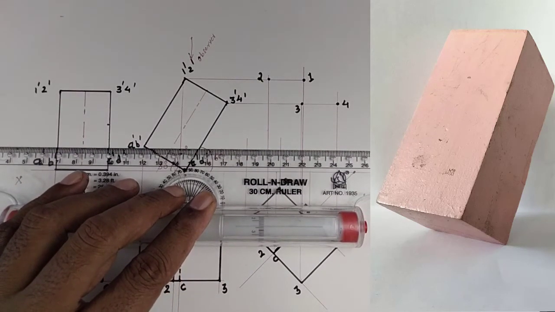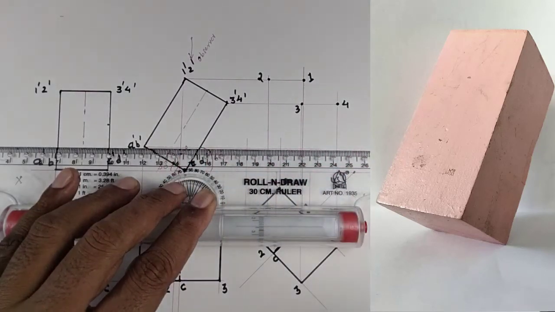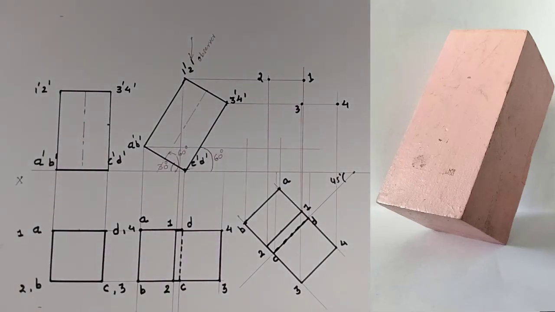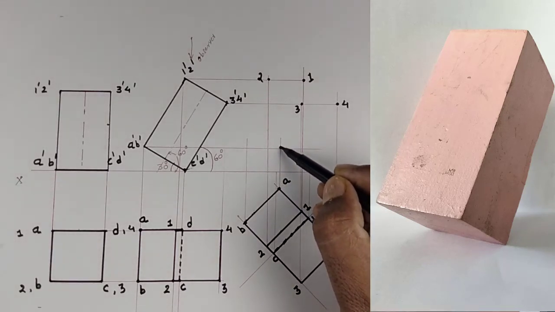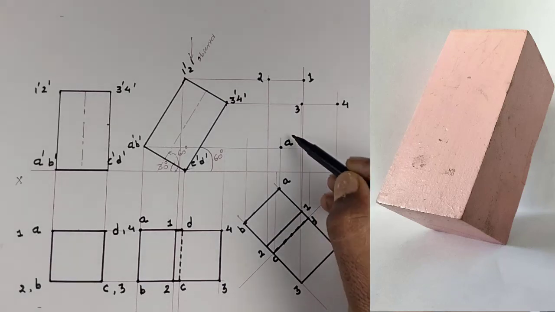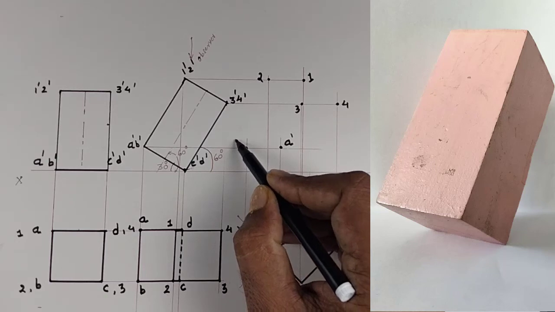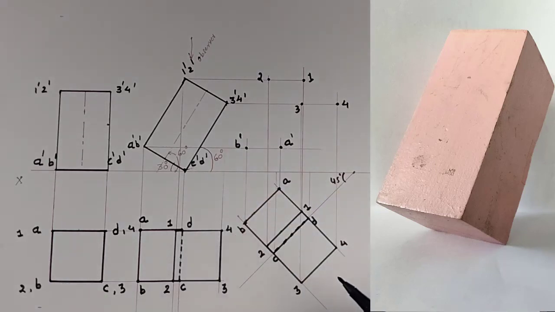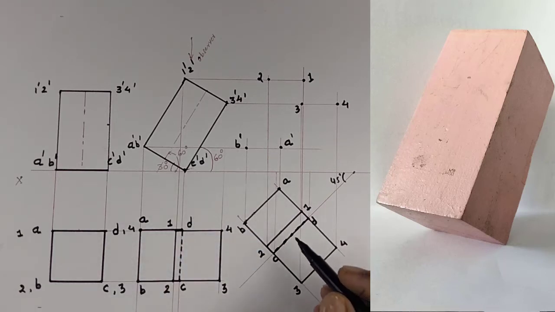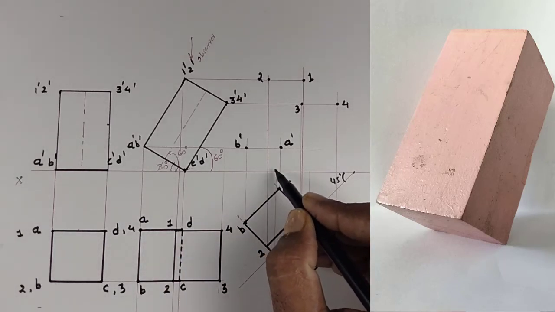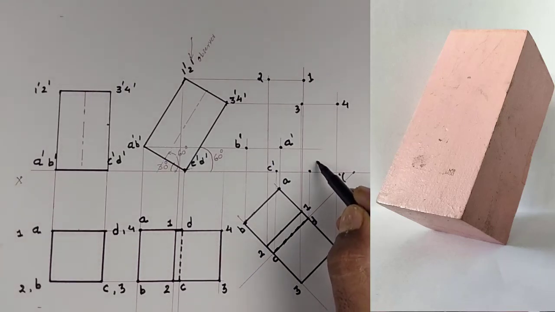All projections should be parallel, perpendicular to the XY line. So this is my corner A dash. It is our corner B dash. Your C is on the XY line, so our C dash is on XY. Here is your D dash.